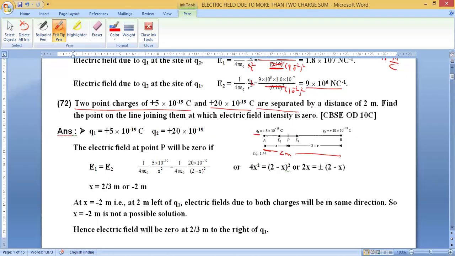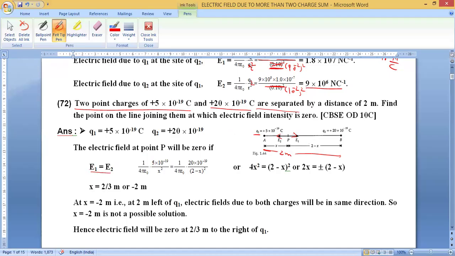So now electric field due to Q1 in this direction E1 and electric field due to Q2 in this direction. Both charges are positive, then electric field is outward direction. So both values same, but opposite direction. So the electric field at point P will be 0 if E1 is equal to E2.